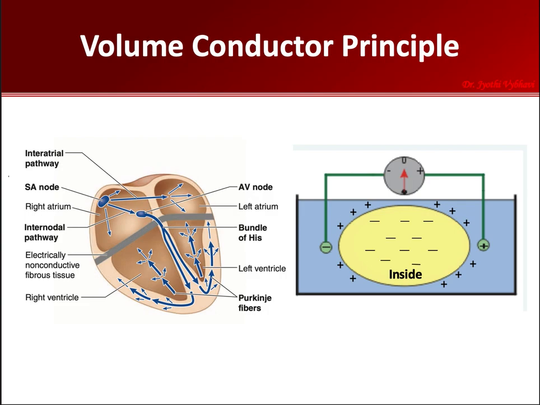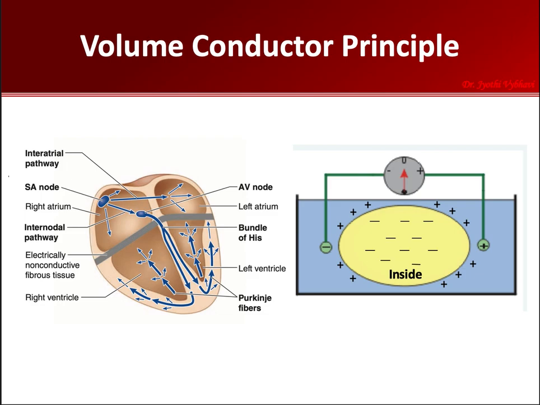And sensors are the electrodes of the electrocardiograph which we place on the body. So now you understand, the heart is generating the electrical currents, and it produces a volume of electrical field, and it is conducted via the body fluids. It is sensed by the electrodes put on the body. So this is the volume conductor principle.